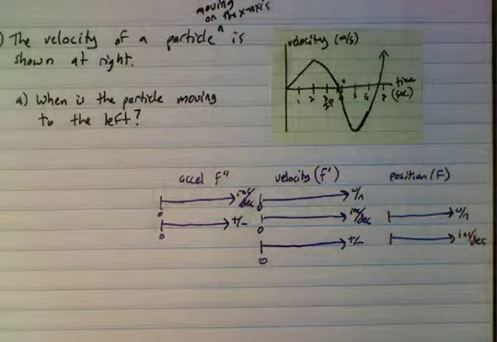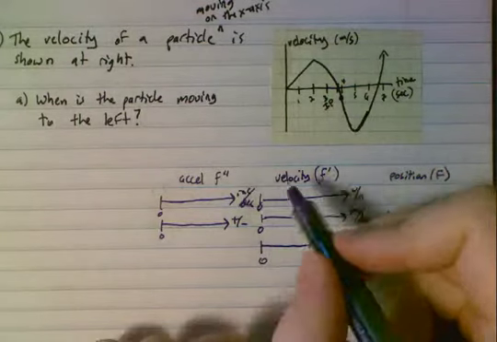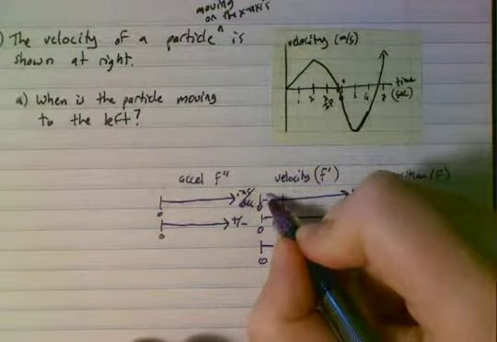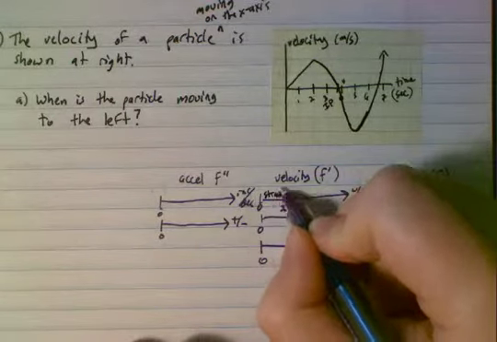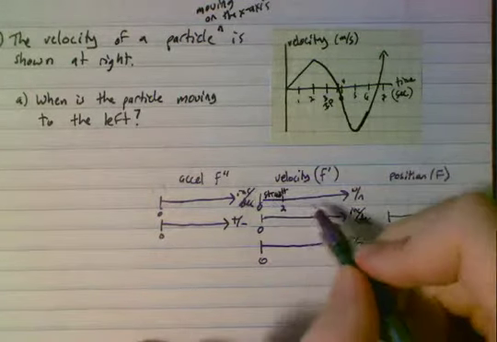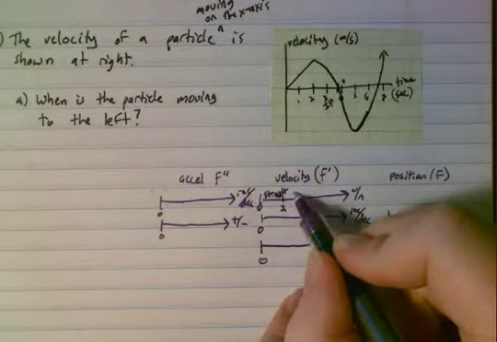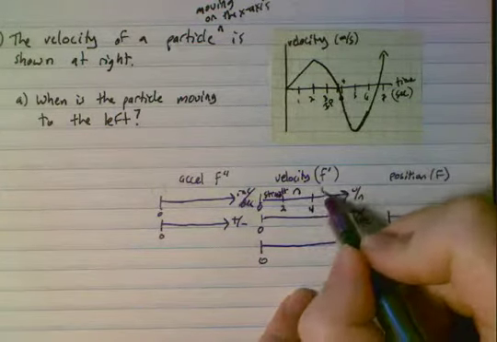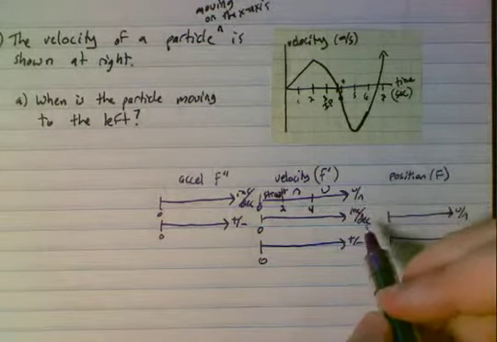So, velocity, up until 2, it's neither concave up nor concave down, it's straight. And then it's going to be concave down, and we're told there's an inflection point at 4, then it's concave up again.